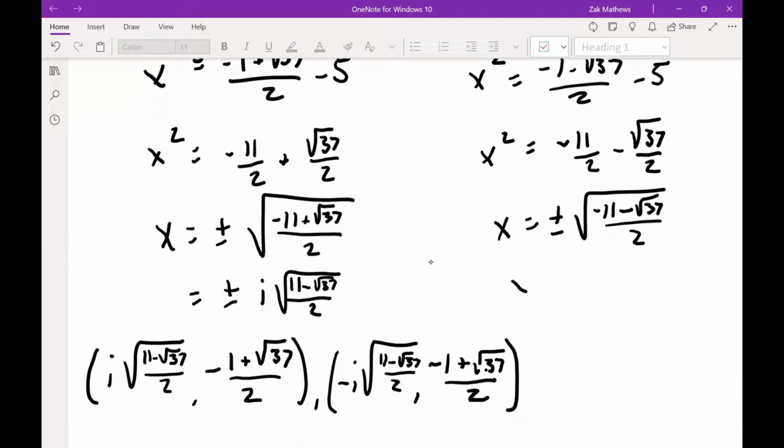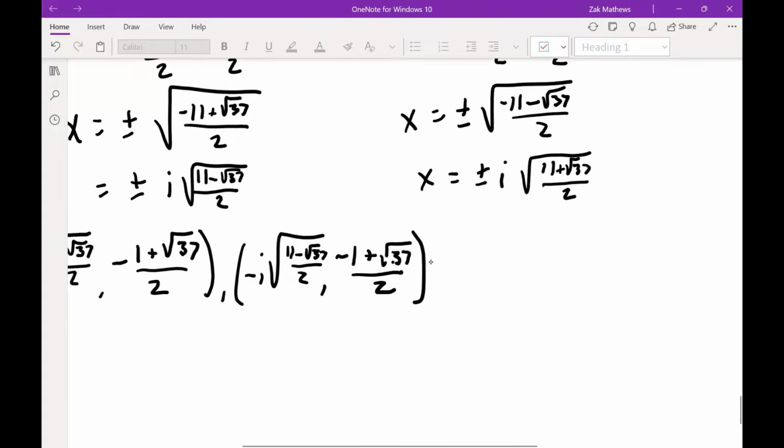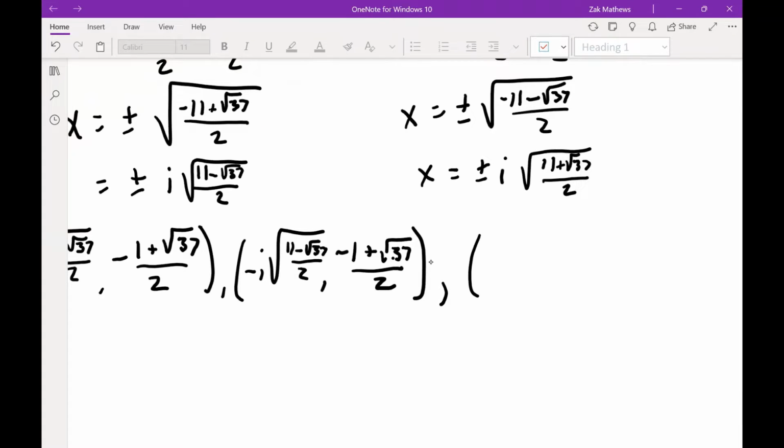I'm going to do the same trick of pulling out that negative as the imaginary number, because once again, it's definitely going to give us an imaginary number. They're both negative. I have 11 plus root 37 over 2. And so now we end up with our last two solutions. We have i root 11 plus root 37 over 2, comma, the y here was negative 1 minus square root of 37 over 2.